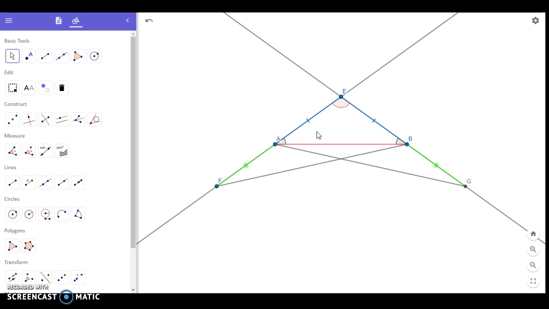And now we can just go, alright, let's look at triangle FEB and triangle GEA. And since we know FE is congruent to GE, which way did I go about that? GEA. Okay, so we also know that EA is congruent to EB.